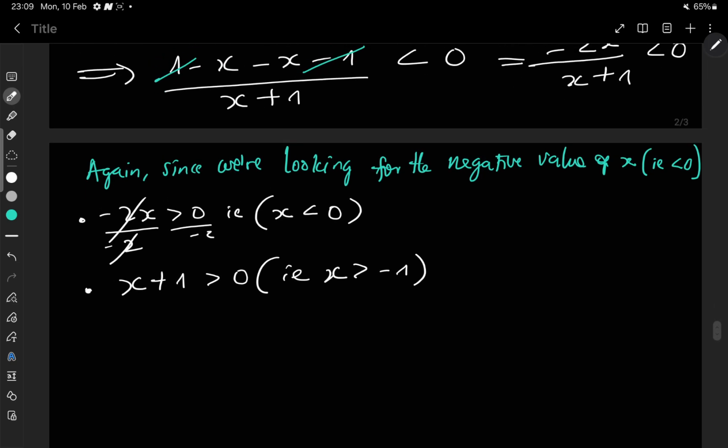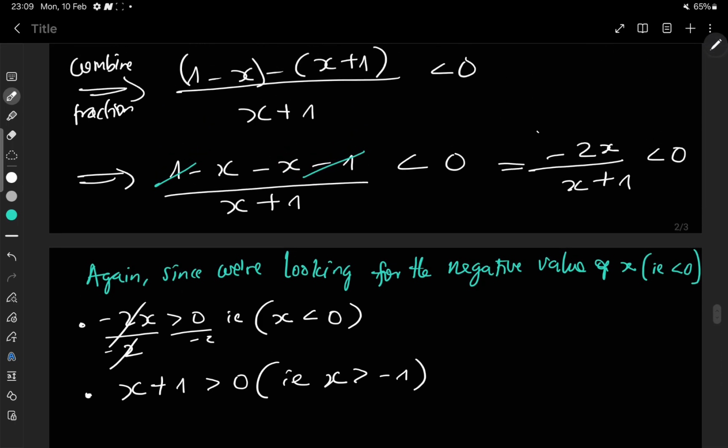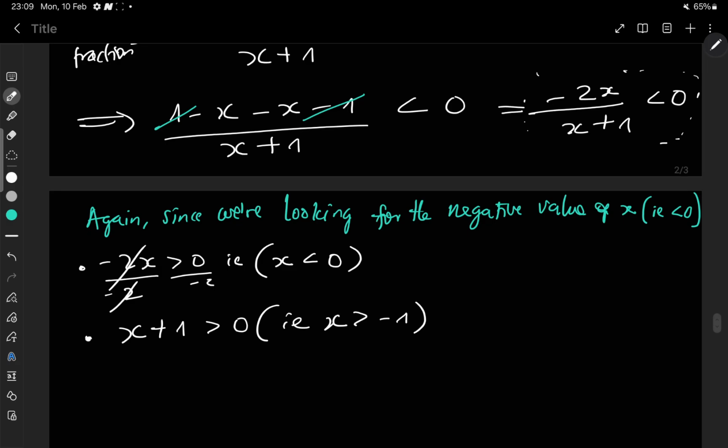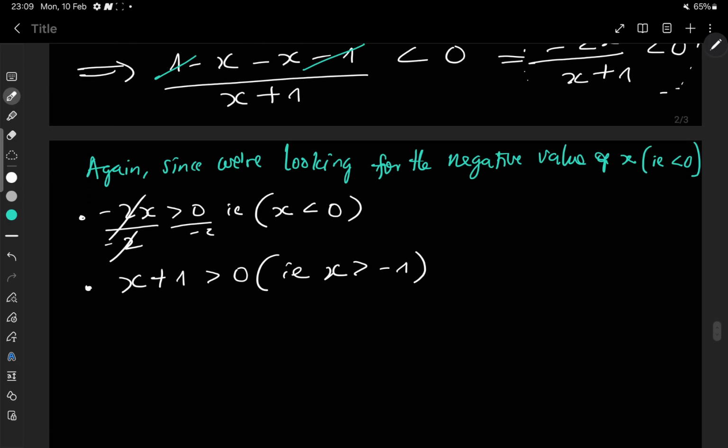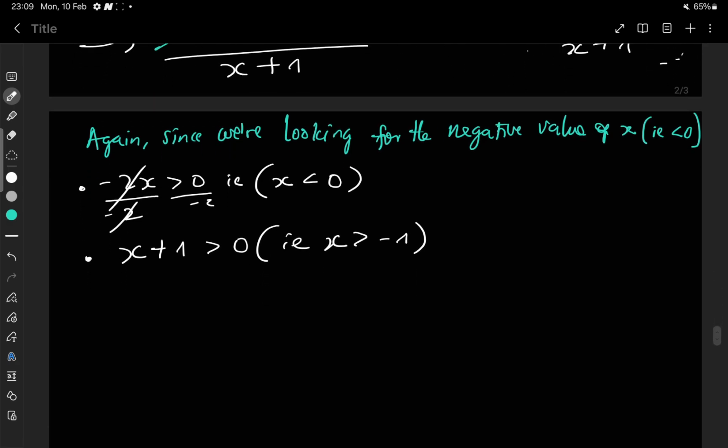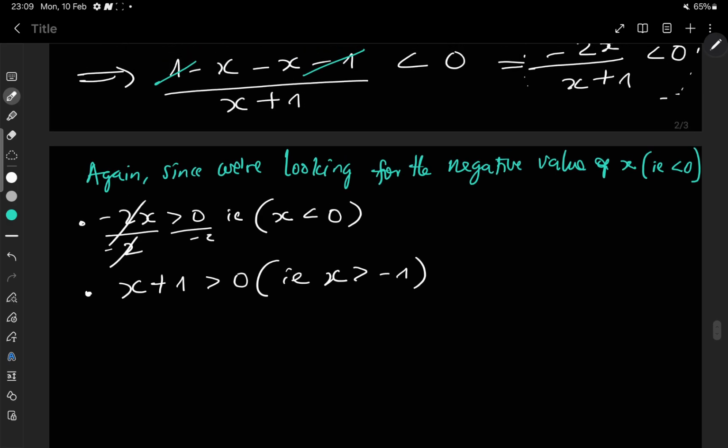So what we are saying is that for this whole expression to be negative, both the numerator and the denominator are going to have different signs. They're going to have opposite signs, just like we have here. For the numerator, x is less than 0, but for the denominator, x is greater than minus 1.